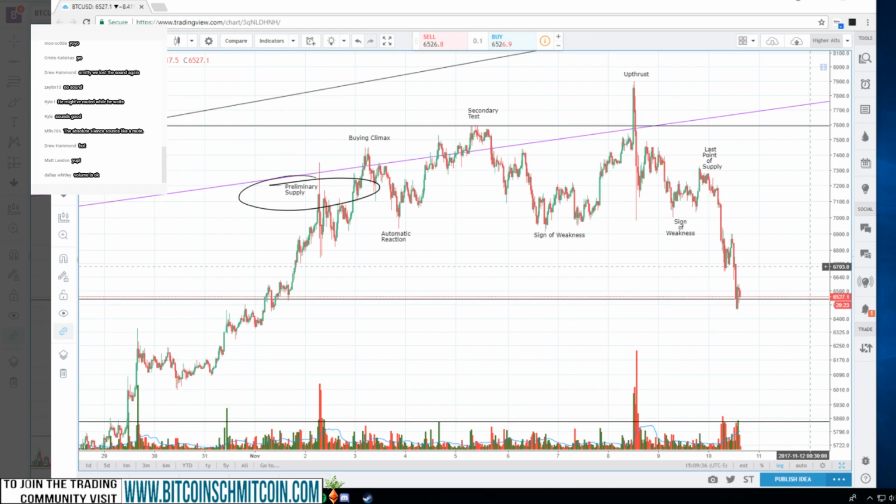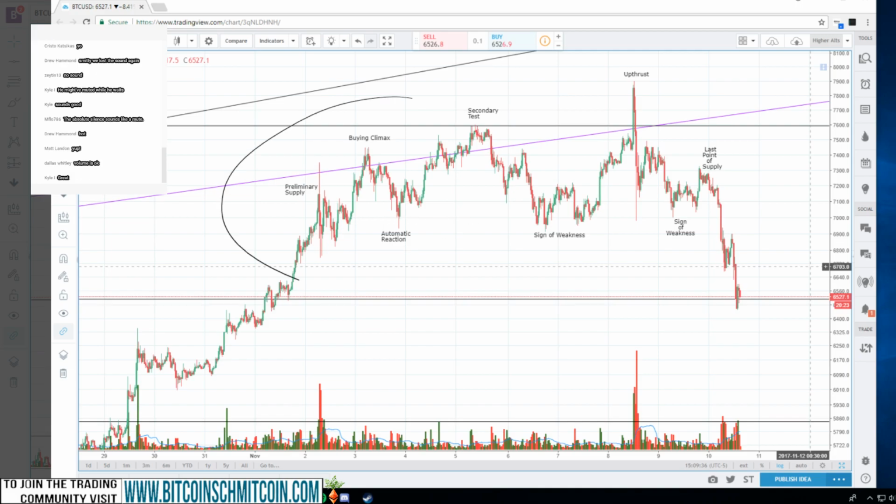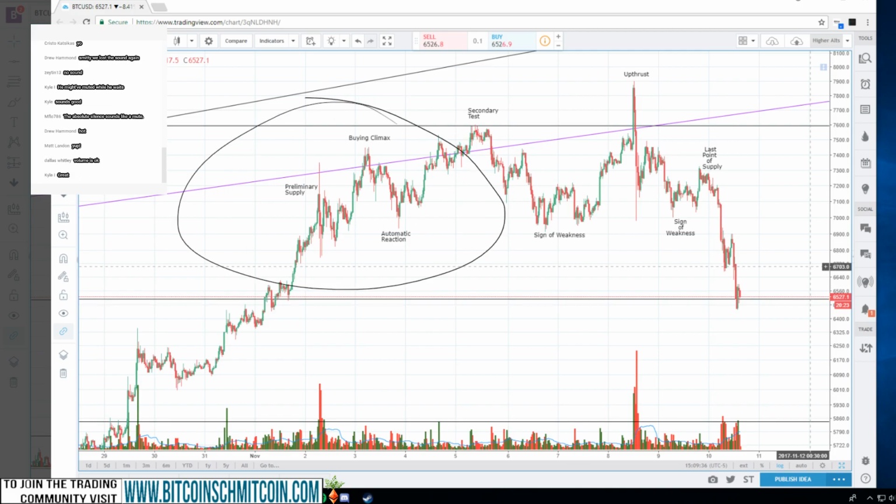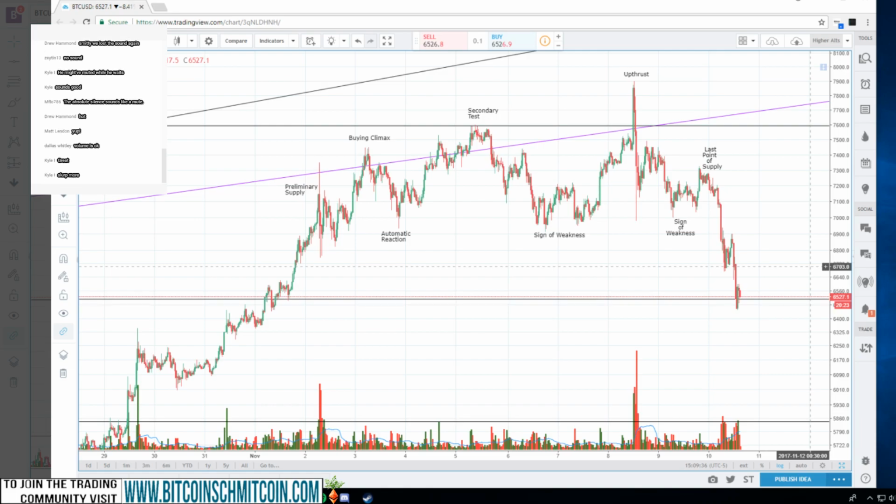So we see here we got a preliminary supply phase, a buying climax, an automatic reaction. One of the key characteristics of this phase in the price action is a notable increase in supply in the market, where buying demand is starting to become outweighed by supply. If you think about a scale, you've got demand on one side and supply on the other, and in a sideways market these are equal.